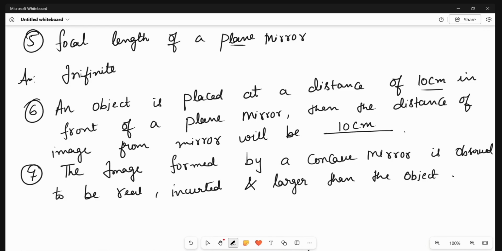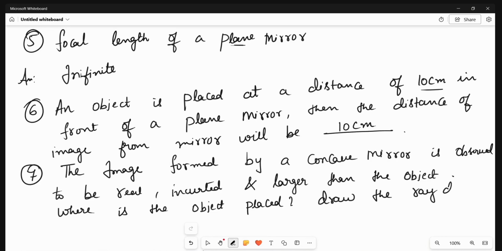Where is the object placed? Draw the ray diagram for this.